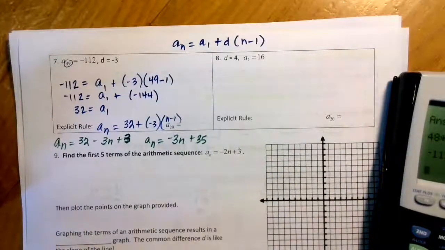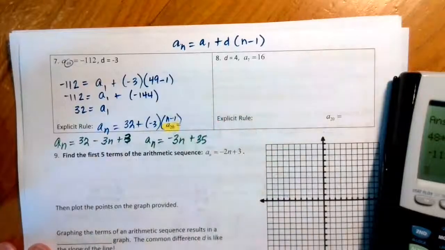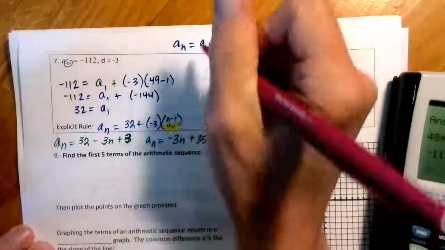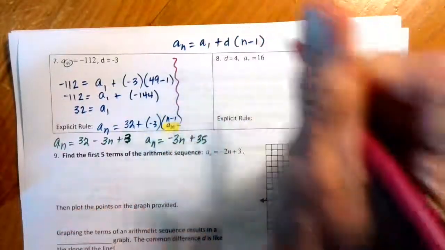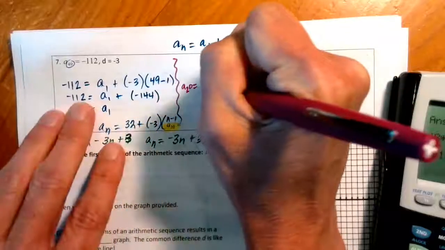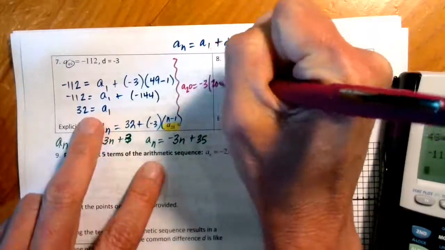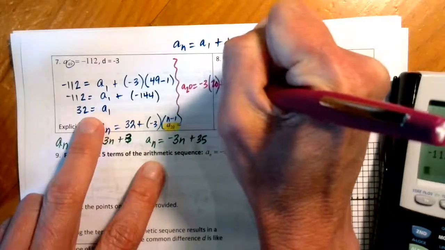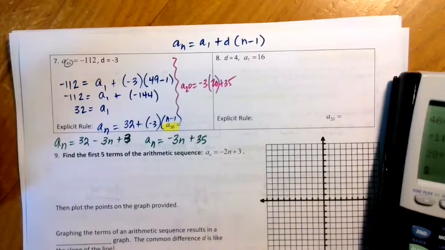And you're like, oh wait, I happen to be looking for the 20th term. And you're like, oh, you're in luck, because my 20th term, a sub 20, is going to be equal to negative 3 times my 20 plus 35. So we'll have 20 times negative 3 plus 35.